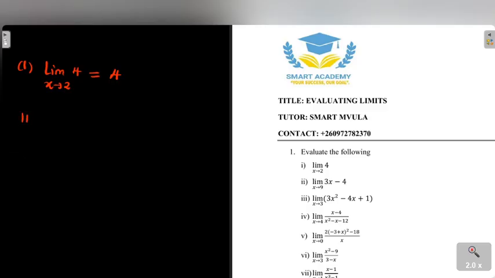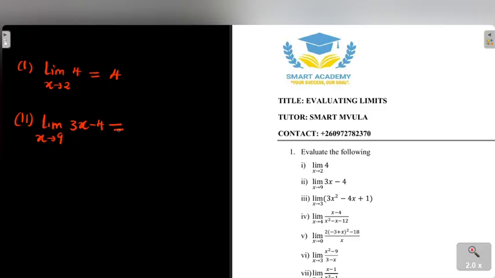Then moving to part 2, we have the limit of 3x minus 4 as x approaches 9. For us to evaluate this limit, since we don't have a fraction, what we have is a linear function. Whenever you have a linear equation, you just substitute directly.